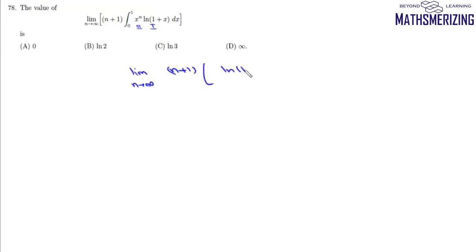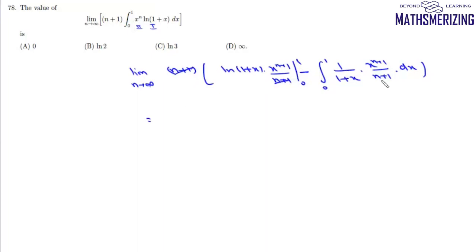So first function as it is, and then it will be x to the power n plus 1 upon n plus 1 minus, now derivative of first, so it is 1 upon 1 plus x, and then it will be x to the power n plus 1 upon n plus 1 into dx. Now we'll put the limits. Limits are from 0 to 1. Now here n plus 1 will cancel.